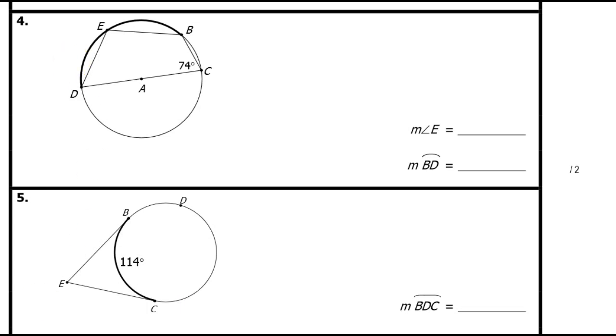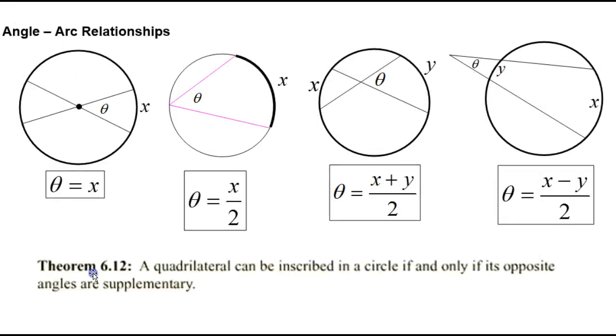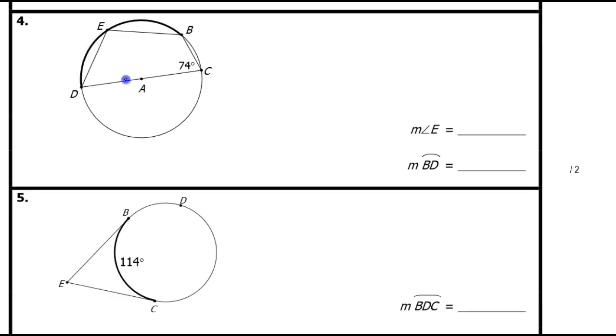Problem number 4 uses another rule that I haven't really mentioned yet. It's down here at the bottom of the screen. If you have a quadrilateral inscribed in a circle, the opposite angles are supplementary. That means that the opposite angles have to add up to 180. So you see the 74 that's right here. The opposite angle is angle E that's up here.